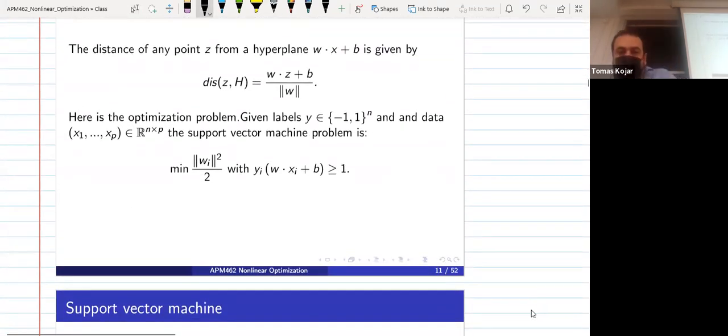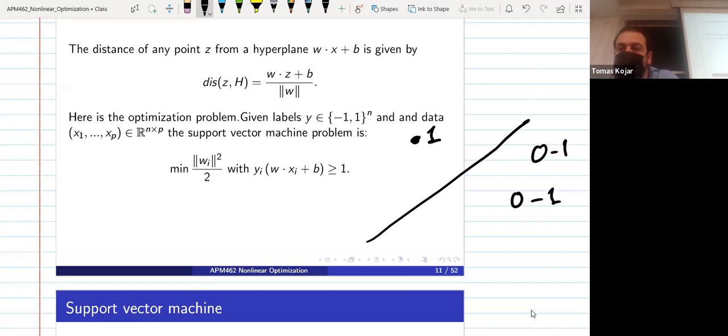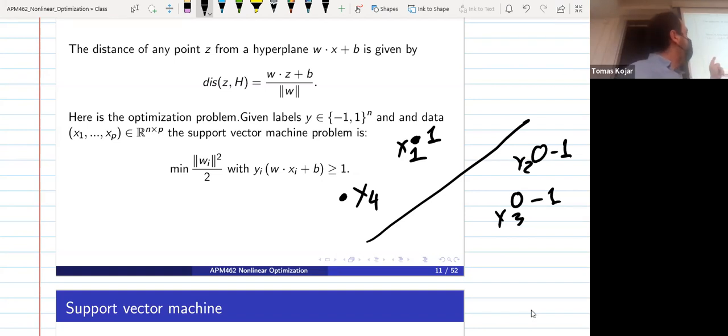All right, and then you want to do the following. So you have these labels. And these are the x_i, so x1, x2, x3, x4. And these points x_i come with labels y_i.